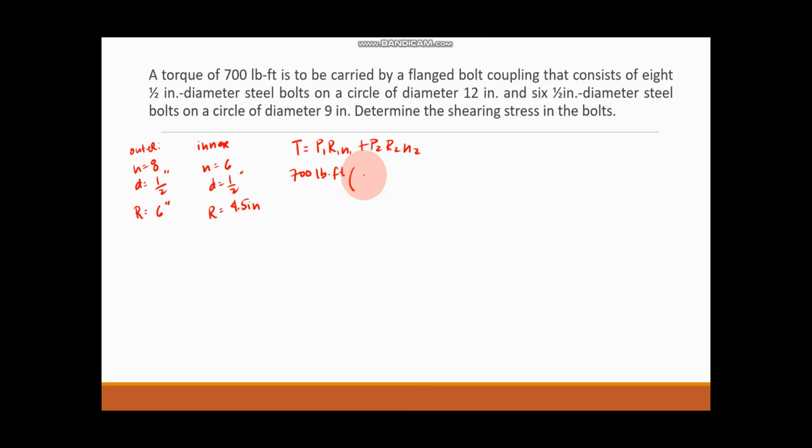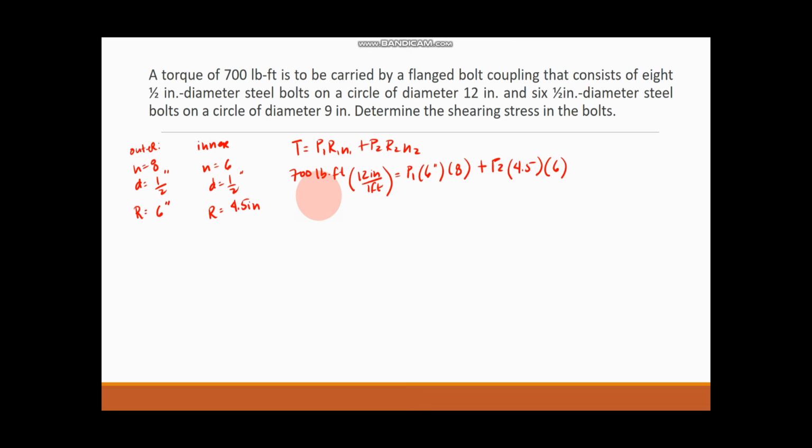So multiply lang natin siya by 12 inches. Is equal to P1. Yung R1 natin is 6 inches, and then 8 pieces. Plus P2. R2 natin is 4.5 inches with 6 pieces of bolt.